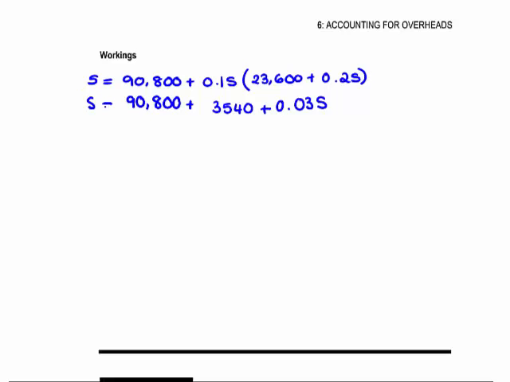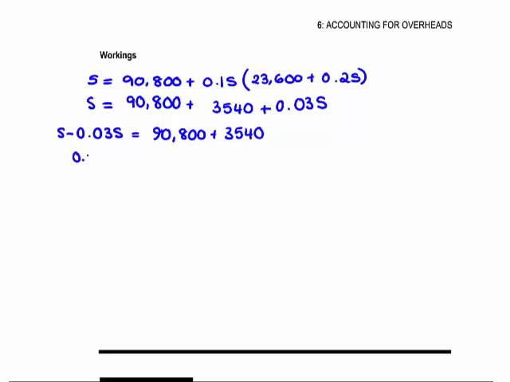90,800. What we've got now then is S's on both sides, so we need to regroup those together, and the best way to do that is to deduct 0.03 S from both sides. So S minus 0.03 S is equal to 90,800 plus 3,540.